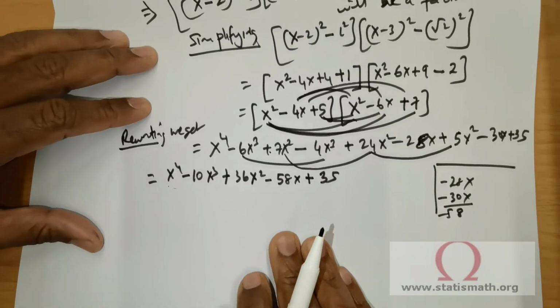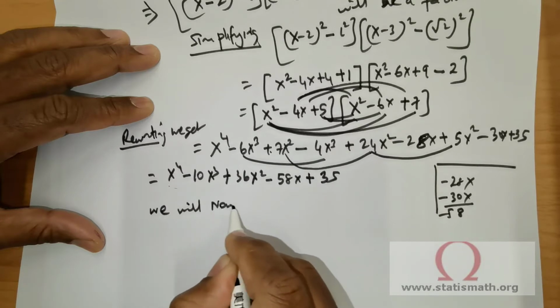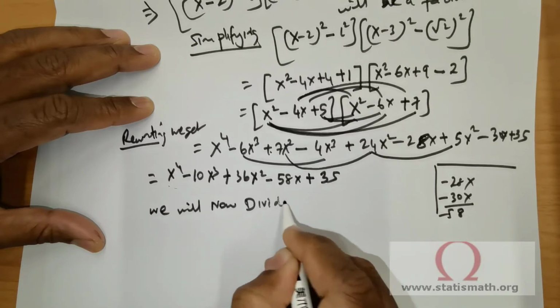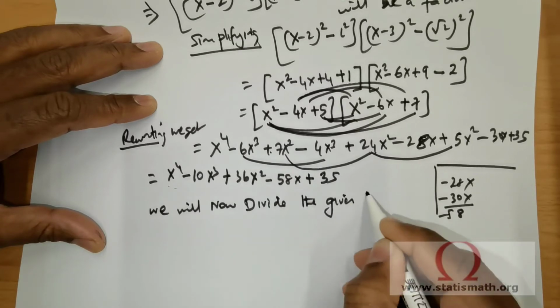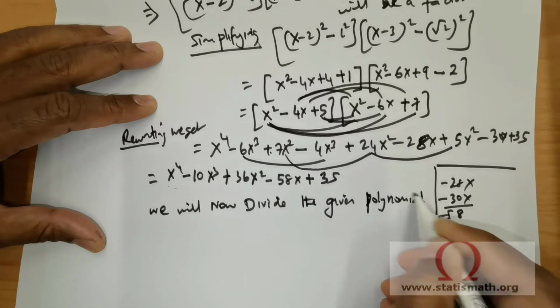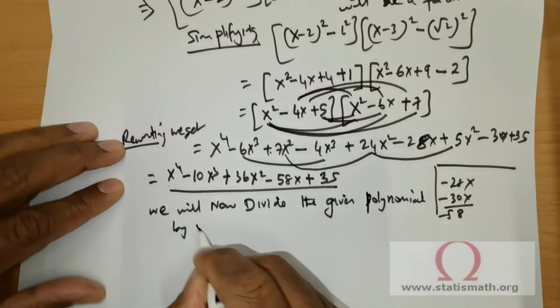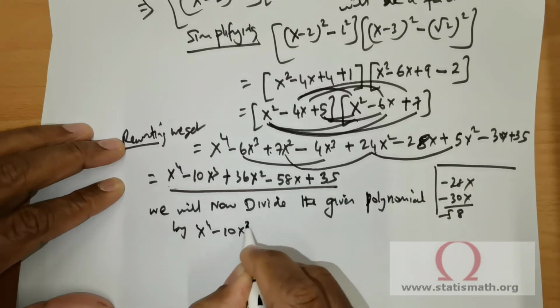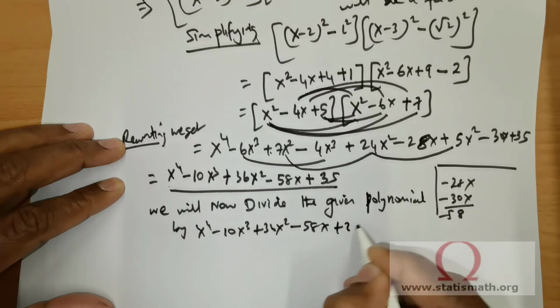Now what we are going to do is divide the given polynomial by x^4 − 10x^3 + 36x^2 − 58x + 35.